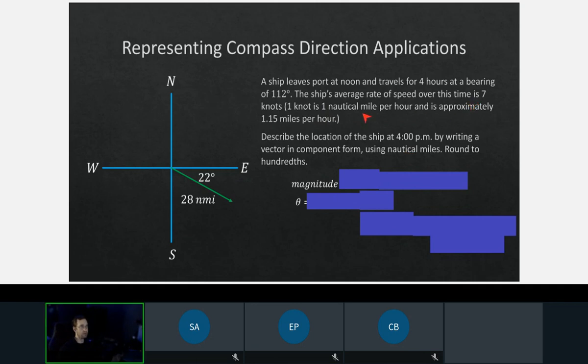So that's bonus info. That's a distractor. All right, so magnitude is just going to be 4 times 7, which is 28. And that's why on the diagram, we have, oh good, I labeled it right. The magnitude of this vector is 28.